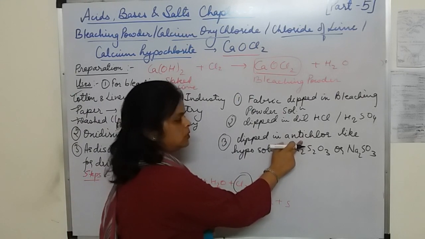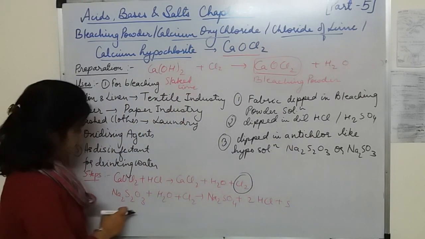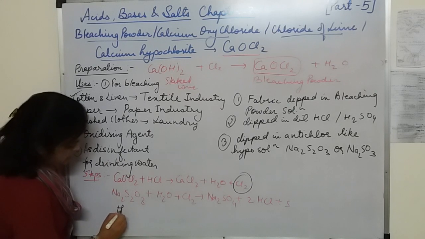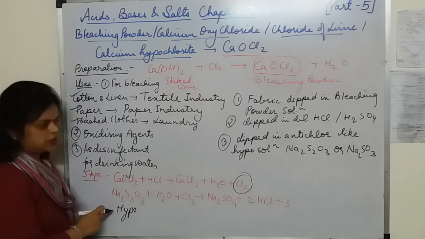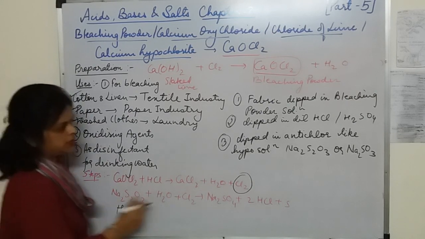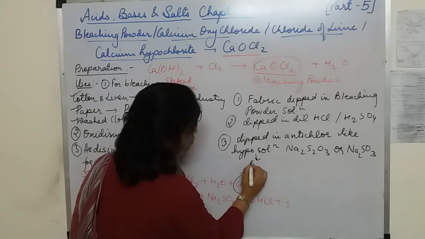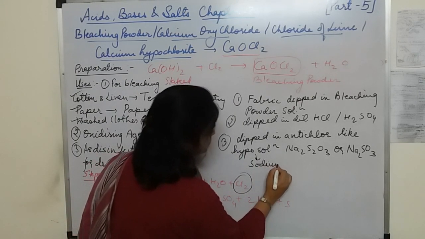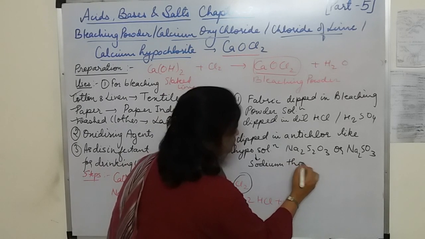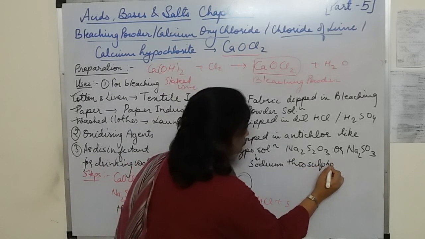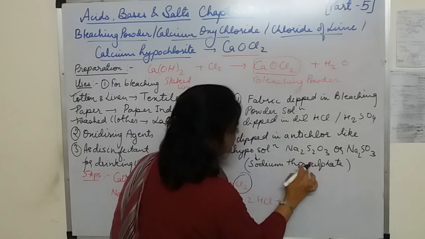And what is the role of anti-chlor? It removes the excess of chlorine. This is the hypo solution. Sodium thiosulfate. This is actually sodium thiosulfate. I just write down its name also. Okay.